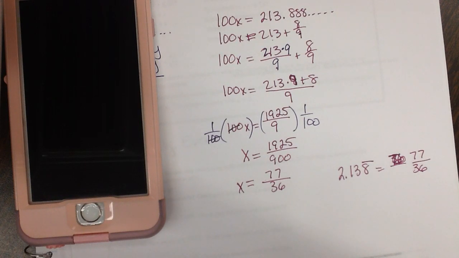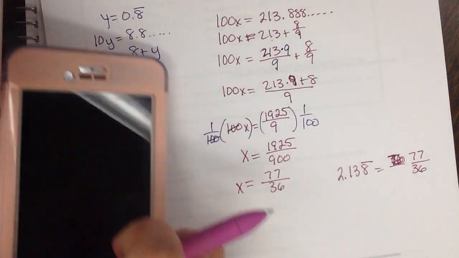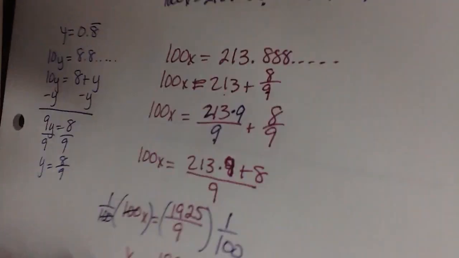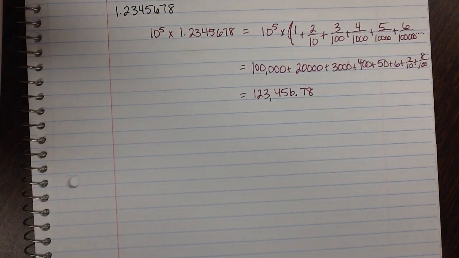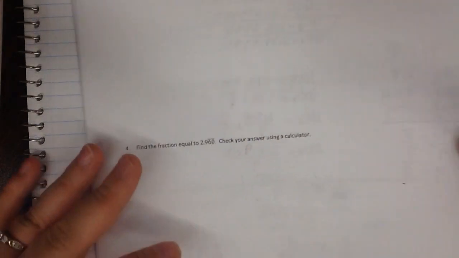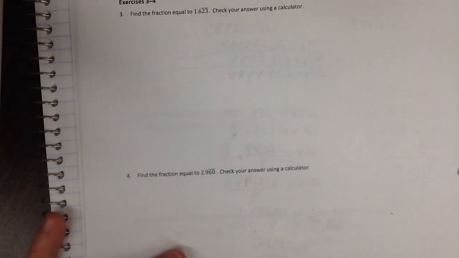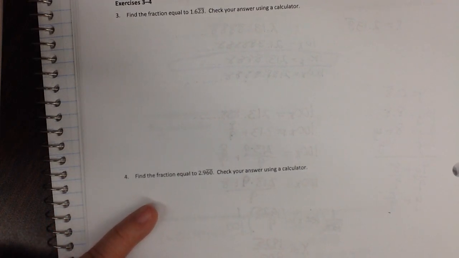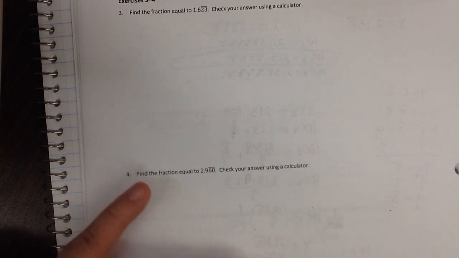So we're going to go over and do exercises 2 and 3 on the next page. Okay, find a fraction equal to 1.6, 2, 3 repeated. The 2 and the 3 are repeated.